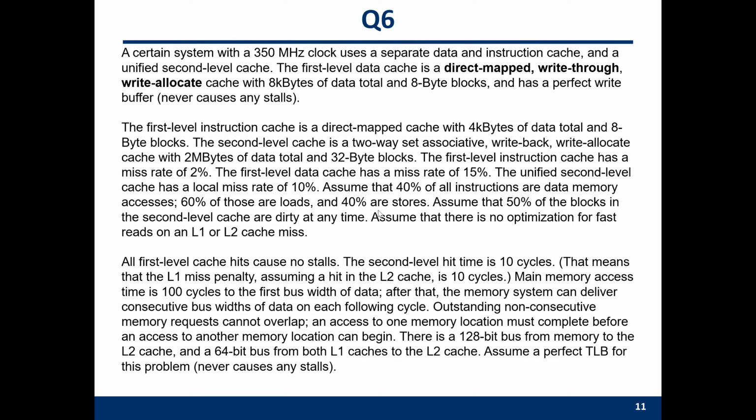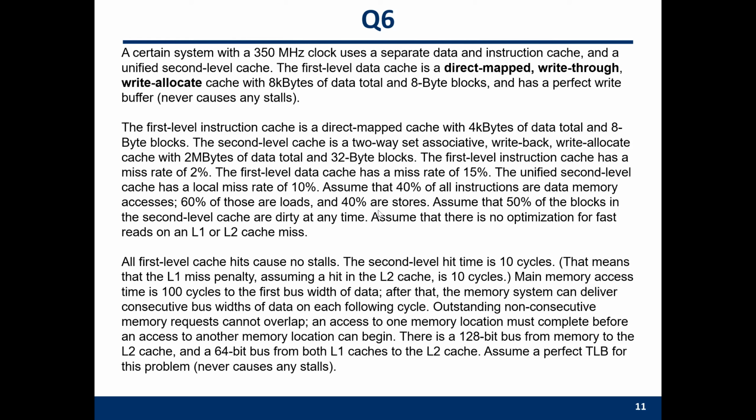The L1 data cache is a direct map, 8 kilobytes, each block is 8 bytes. The L1 instruction cache is also a direct map, 4 kilobytes, 8 bytes.